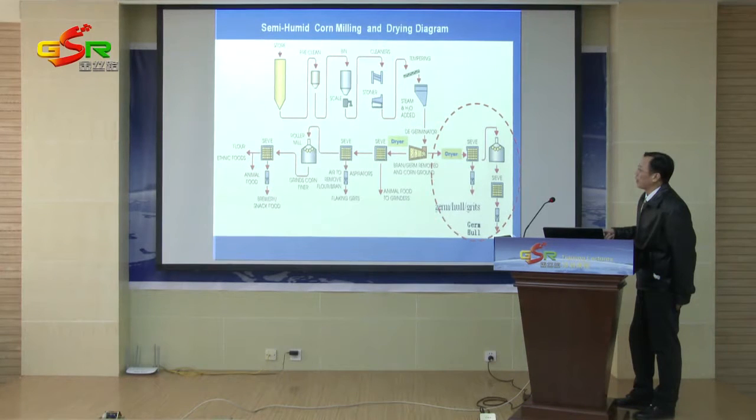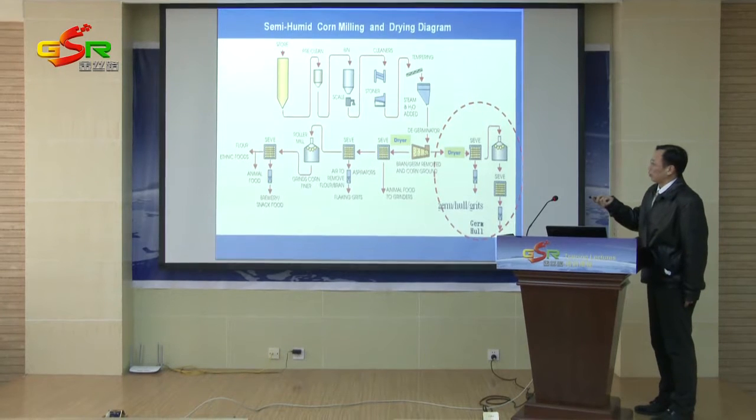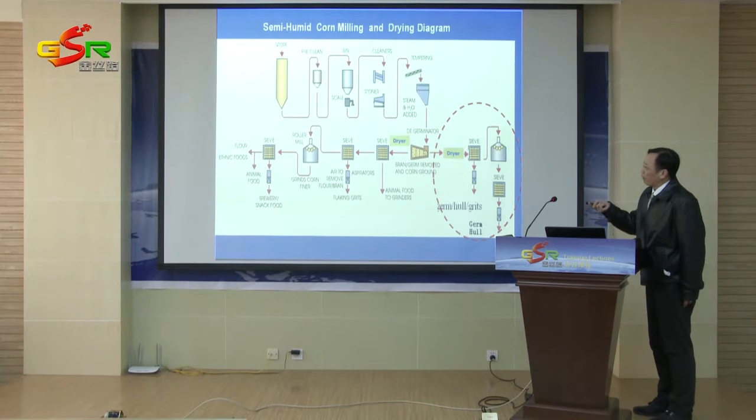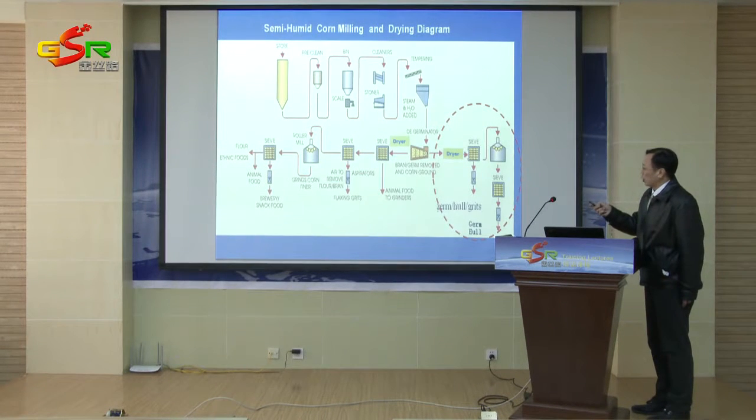And if we want to get the more smaller size product, we also use the roller mill to grind the kernel to get the more smaller size of the product, the snack food grains, to meet the snack food making. And sometimes if we need the flour, we also use another roller mill to grind the kernel to get the final product, corn flour.